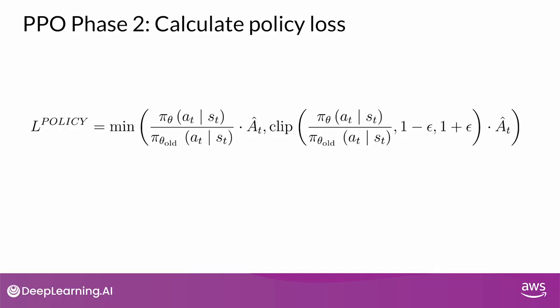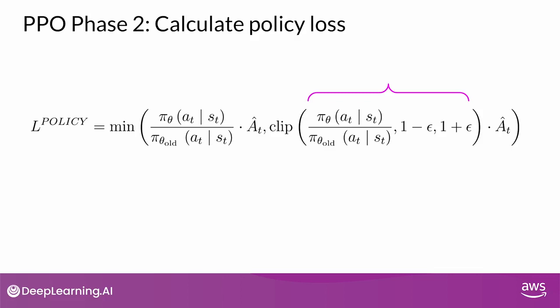So stepping back and looking at the whole equation again, what happens here is that you pick the smaller of the two terms. The one we just discussed and this second modified version of it. Notice that this second expression defines a region where two policies are near each other.